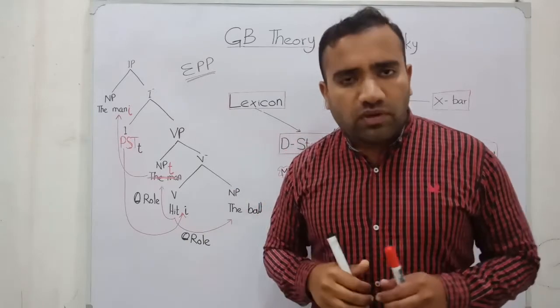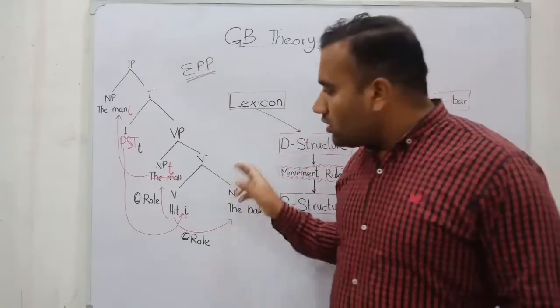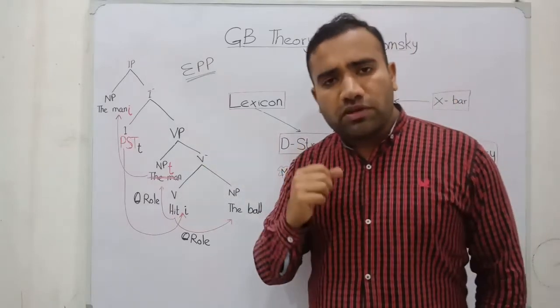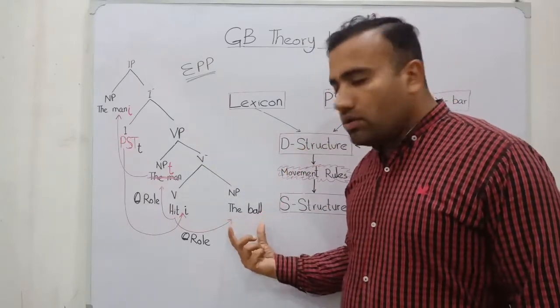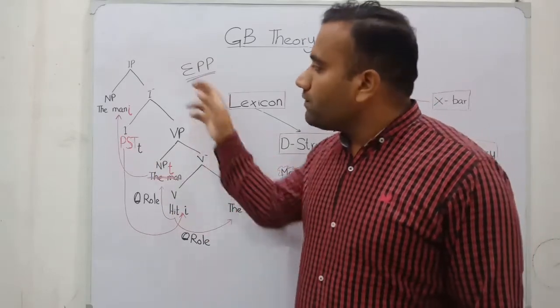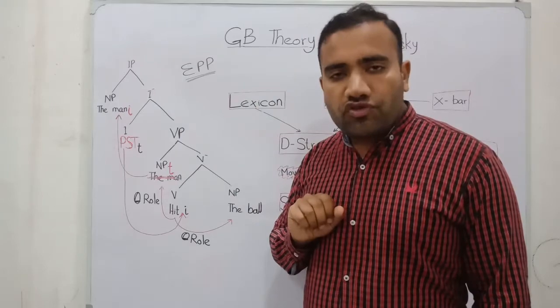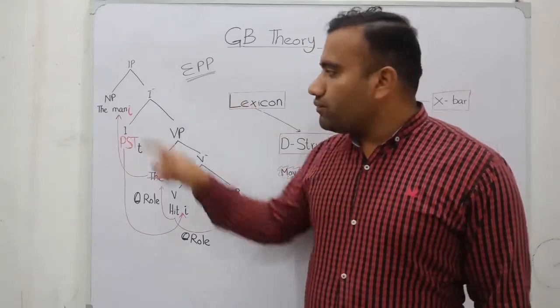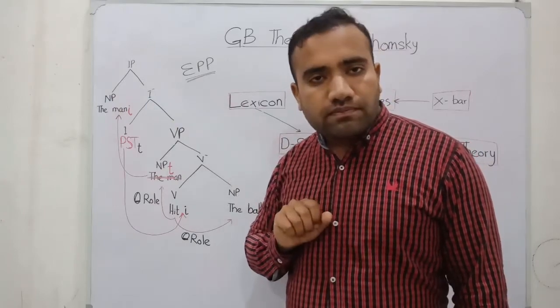What is the solution of this problem? Because if we want to generate the D structure, we have two items, one internal and one external. But if we want to generate the inflectional structure over the VP, Chomsky stated that this position must be filled.